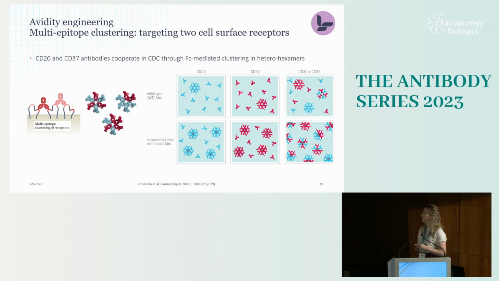And in that way, we were able to show that CD20 and CD37 were actually capable of oligomerizing in heterohexamer complexes. So really together in a complex.